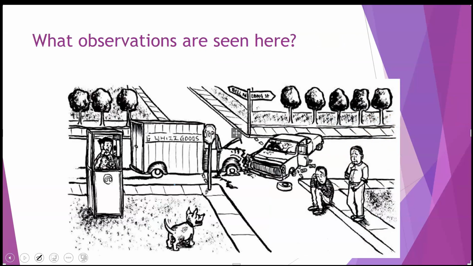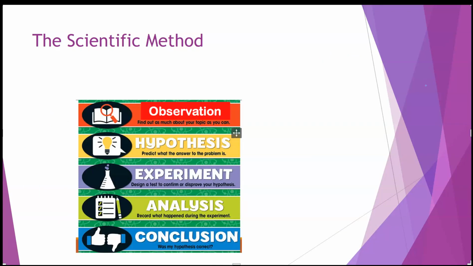Another example is about observations seen here. So this is another image we can look at, and then we can actually spend a little time in class focusing on this same picture and hopefully trying to identify observations versus interpretation. So I'll give you kind of a head start to look at it, but we'll spend more time on it in class. So with that scientific method, let's say I had an observation.